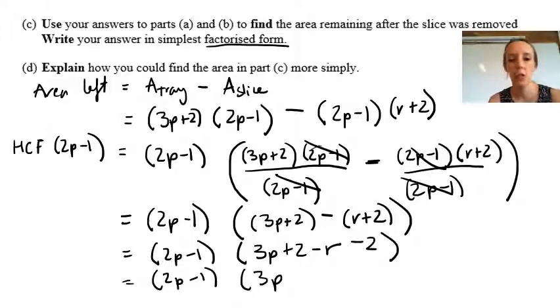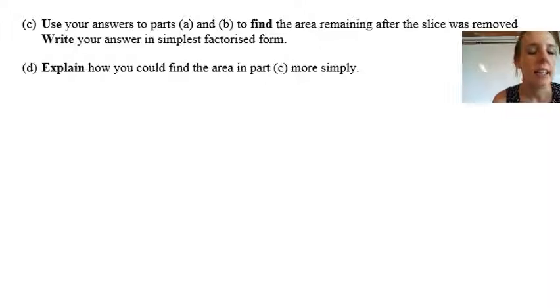So plus 2 take 2 is just 0, and I'm just left with take r. So there is my solution there. So the factorized answer there would be 2p take 1, 3p take r. So all I've done is I've found the highest common factor from the area of the tray and the area of the slice, and just solved that to find my answer in factorized form, which is here.